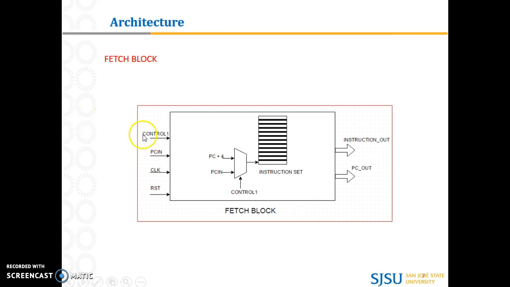So in the fetch block, as I said, we have a clock and reset. Based on the control signal, we select the next instruction in the instruction set, or if there is a branch, based on the control signal, we select the branched instruction to be taken.